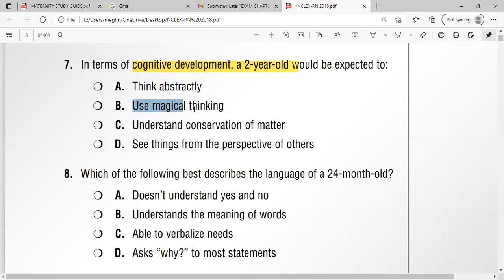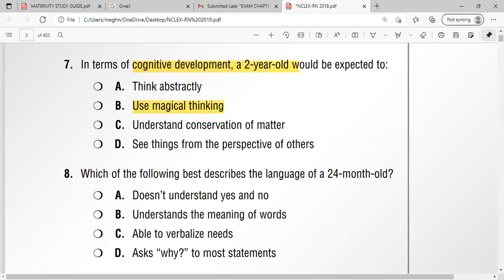So use magical thinking. Why is it the answer? A 2-year-old is expected only to use magical thinking, such as believing that a toy bear is a real bear. Sometimes they talk with their imaginary playmate, right? So answers A, C, or D are not expected until the child is much older.